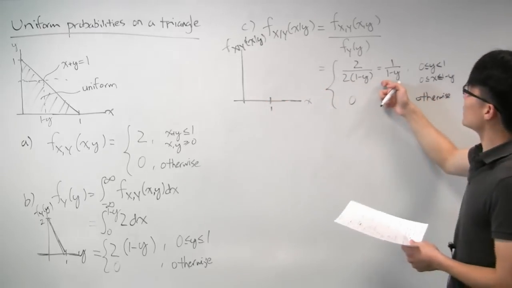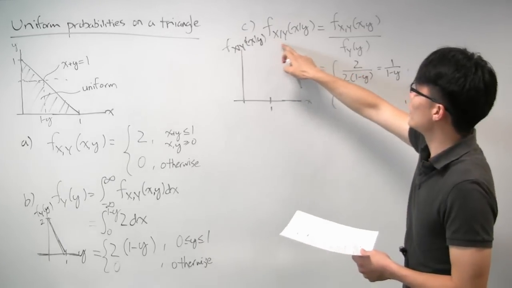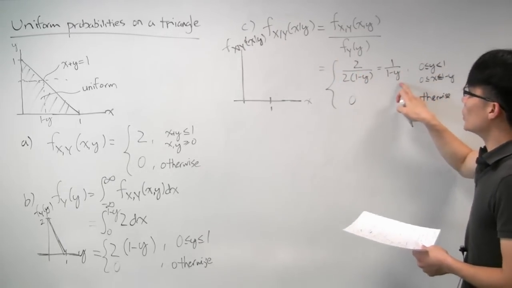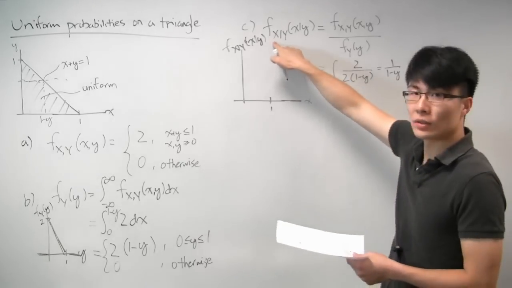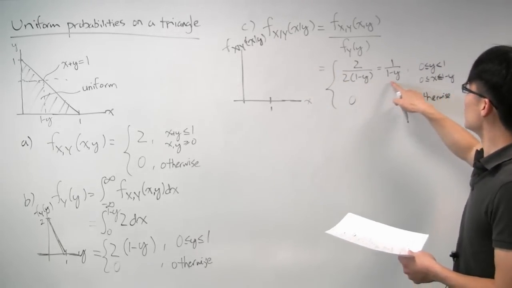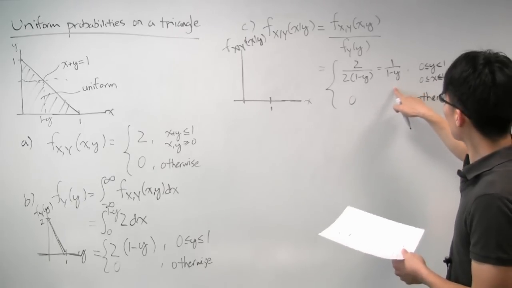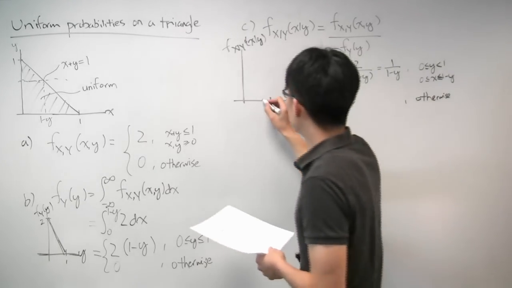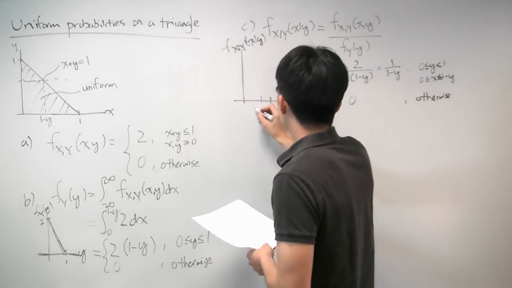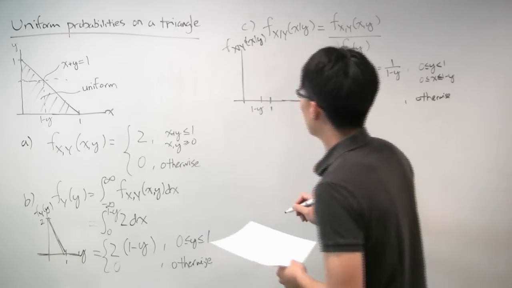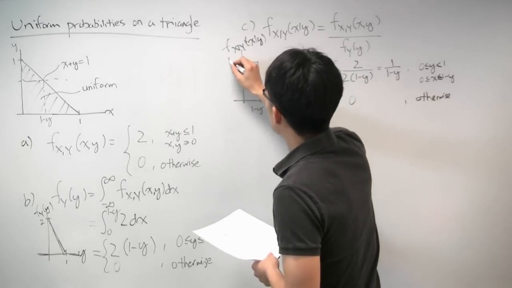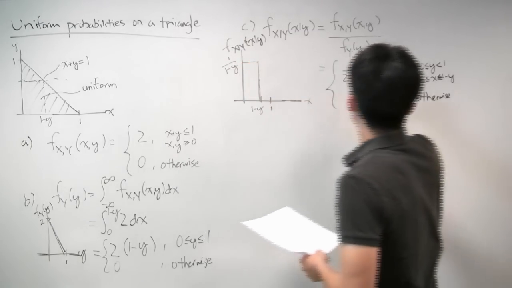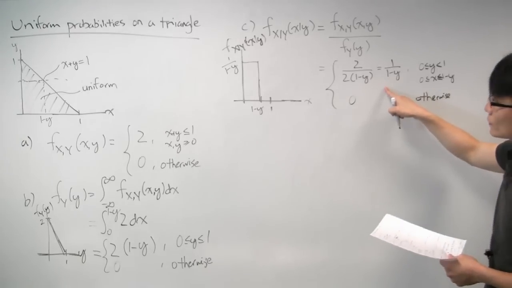Then the conditional PDF of x given y is this thing. But notice that this value, 1 over 1 minus y, does not depend on x. So in fact, it actually is uniform. It's uniform between 0 and 1 minus y, and the height is 1 over 1 minus y.